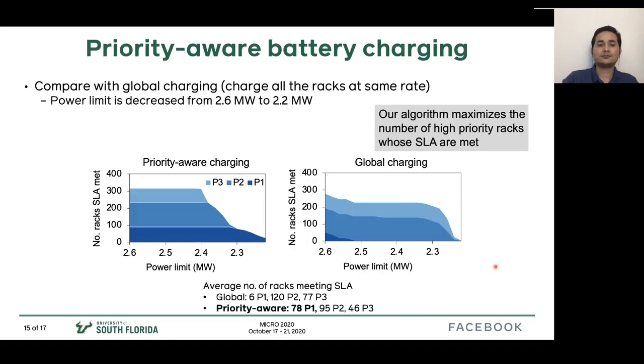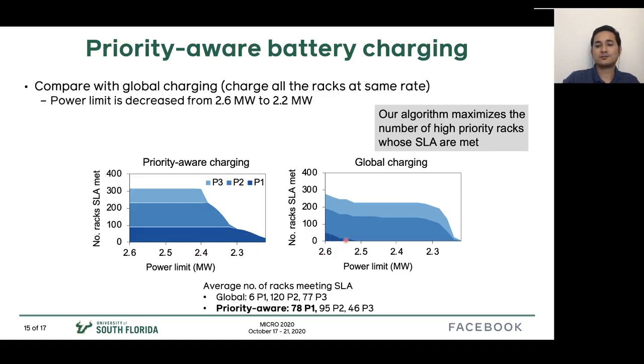Similarly, we compare our priority aware charging with global charging algorithm, where all the racks are charged at the same rate. We decrease the power limit from 2.6 megawatts to 2.2 megawatts. We can see that our priority aware charging algorithm would first penalize P3 racks and then P2 racks, followed by P1 racks as the power limit is decreased, while the global charging algorithm would penalize P1 racks first.